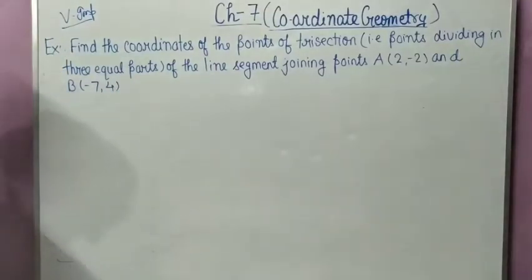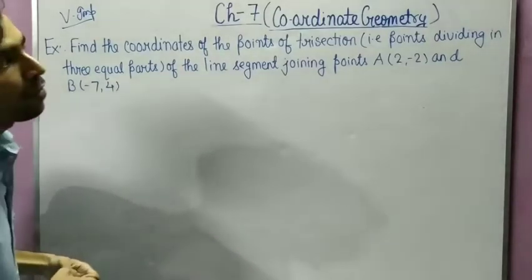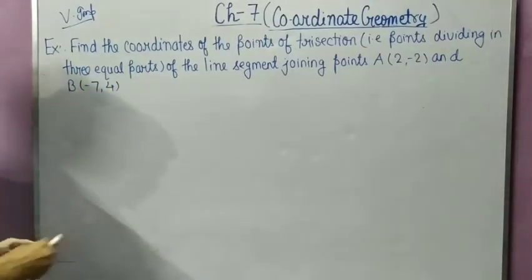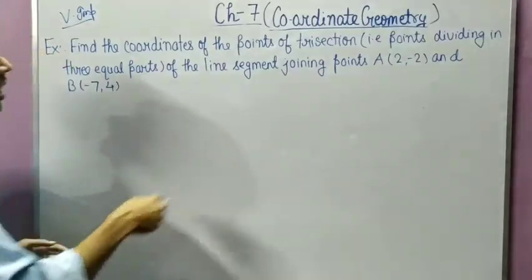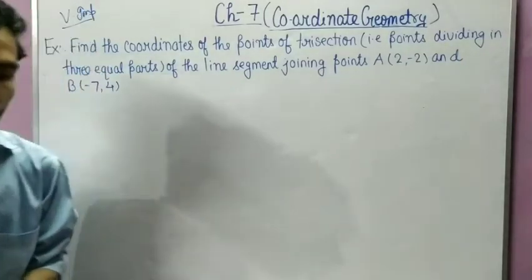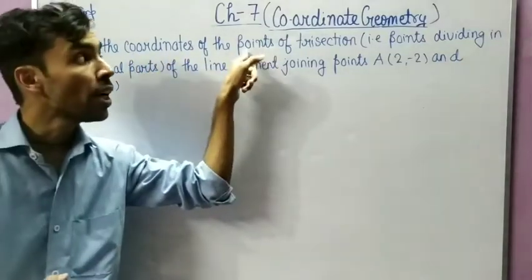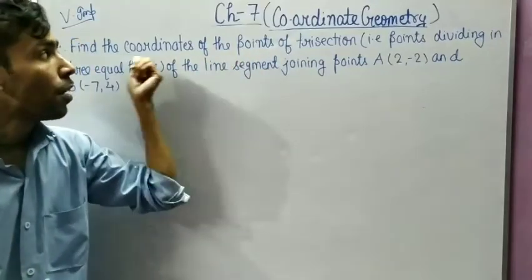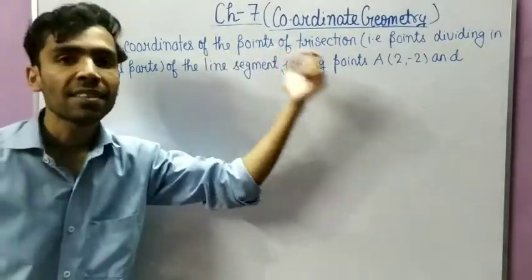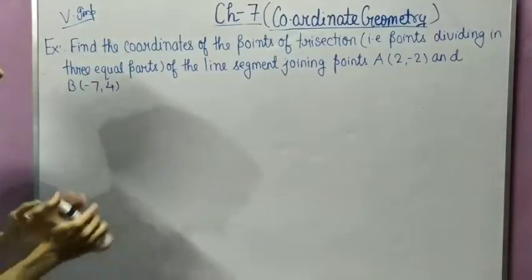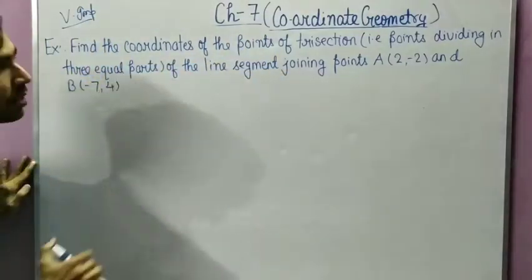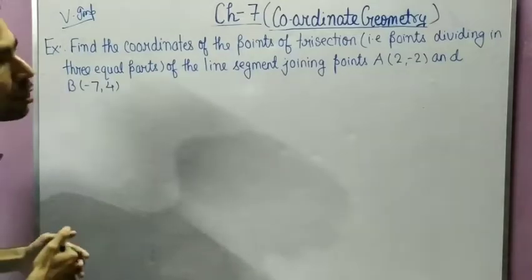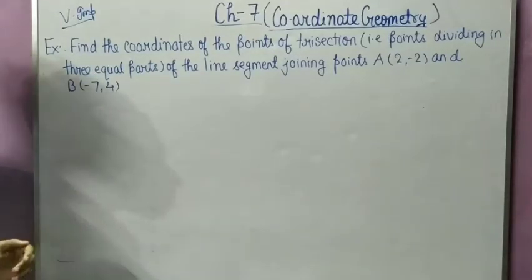Now see what the question is. Find the coordinates of the points of trisection, that is, the points dividing into 3 equal parts the line segment joining points A and B. Here 'points' is written, which means we have to find more than one point. The coordinates of A are (2, -2), and the coordinates of B are (-7, 4).